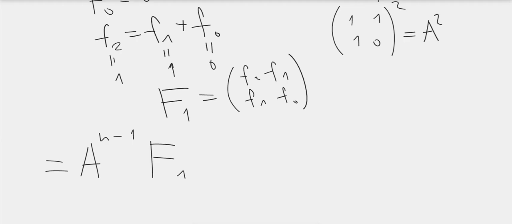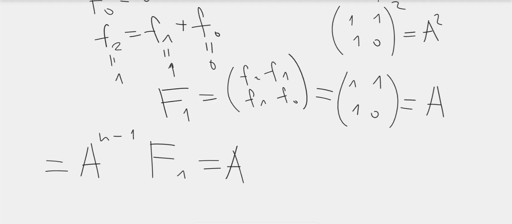So reduce the index one more. If we explicitly write F1, it's 1 1 1 0. So this is exactly matrix A. So this is A to the power n minus 1 multiplied by A, so this is A to the power n.